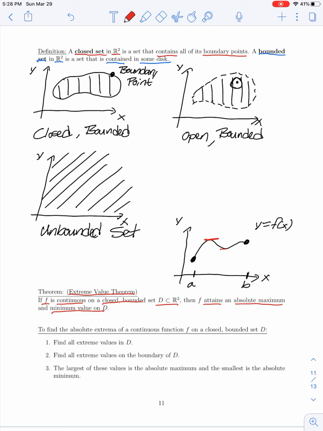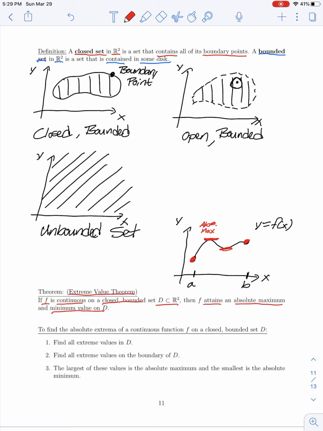So for single variable functions, say the graph of a function f of x, we would have extreme values either within our interval, where we have critical points or 0 values for the derivative, or the endpoints could yield maximum or minimum values themselves.